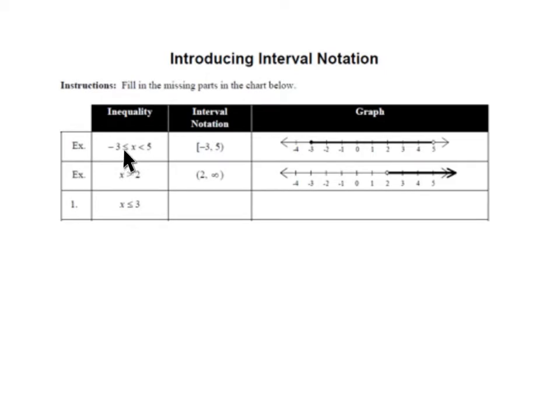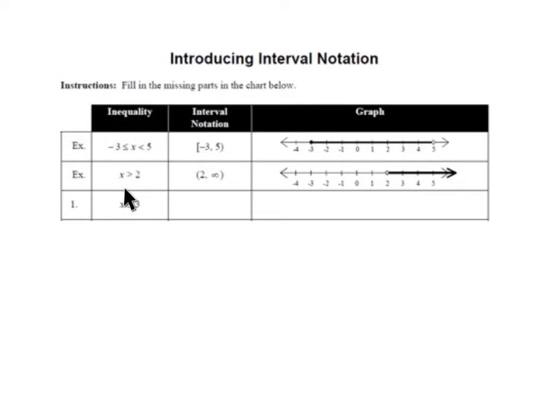Because there's an equal sign, this is a bracket. Because there is no equal sign, it's a parenthesis. So these two things mean the same thing. If I were drawing this on a graph, you would see that at -3 I had a closed circle because it was equal. And at 5 I would have an open circle because it is not equal. It's just less than. And then you would shade in between.